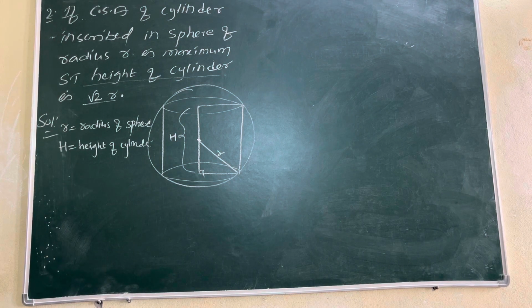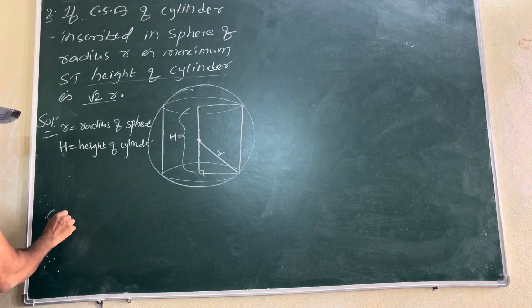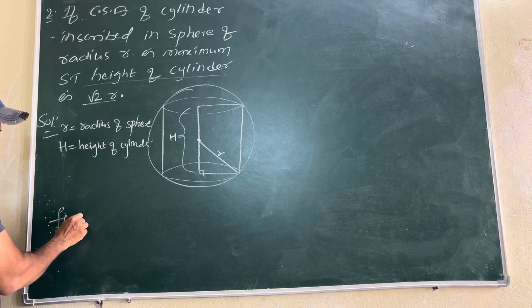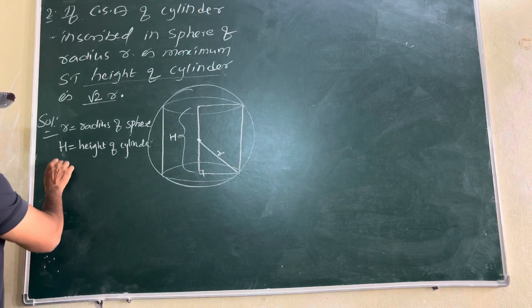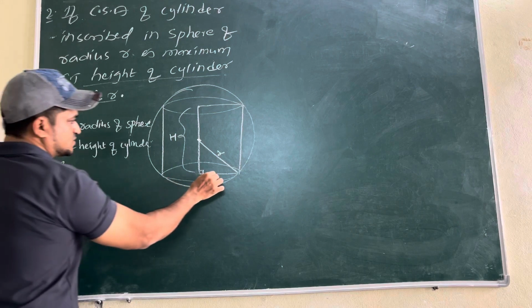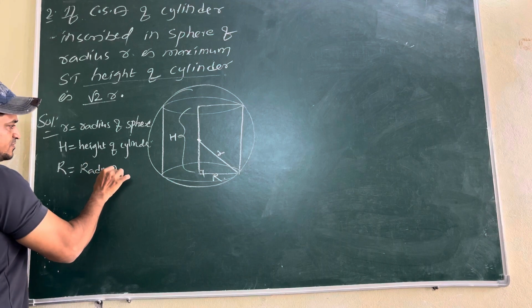Then f of x equals, before f of x, we will consider one thing. Capital R equals radius of cylinder.